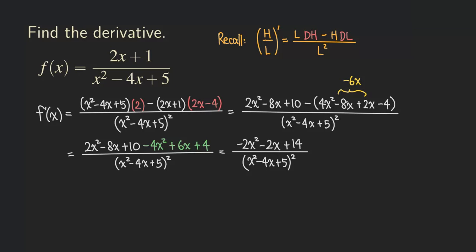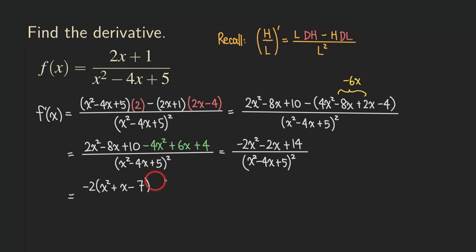And so what we can do is factor out a negative 2 from the numerator. If we do that, then we have everything in factored form. Then it would be x squared plus x minus 7. Make sure that you change all the signs.